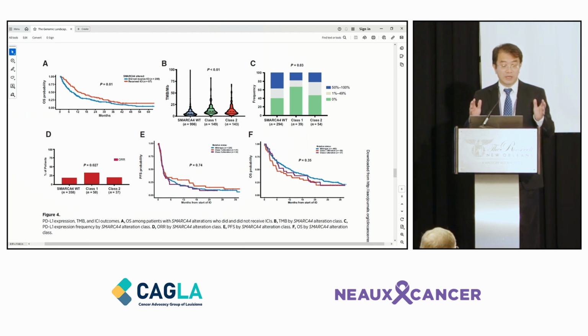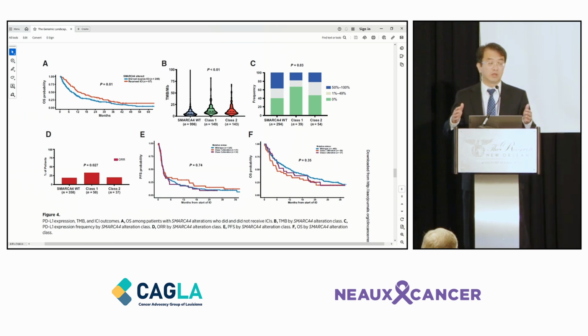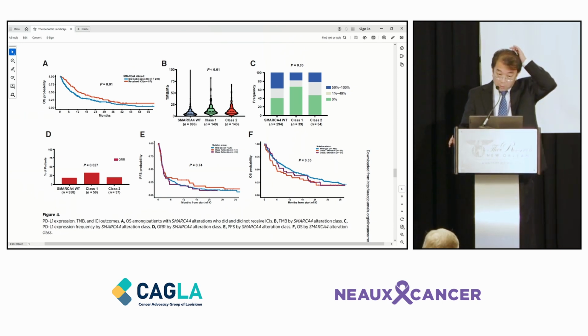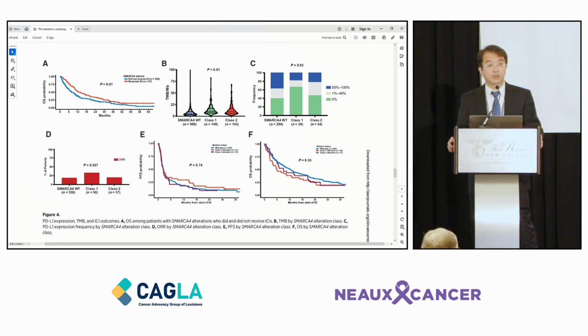That is very strong evidence for treating patients with immunotherapy. And more interestingly, in panel B, the SMARCA4 deficient lung cancer has significantly higher tumor mutation burden. In panel C, it has very low or negative PD-L1 expression by immunostaining.